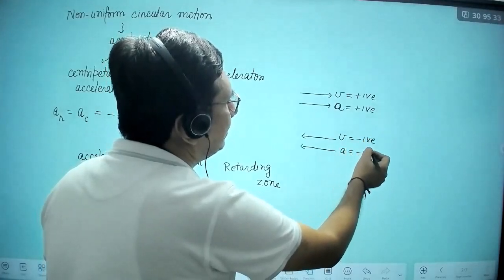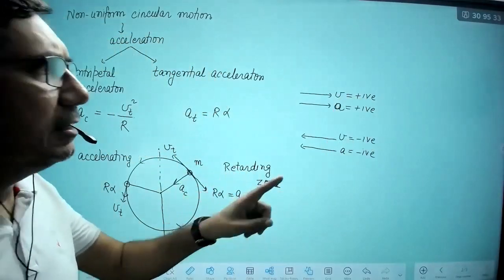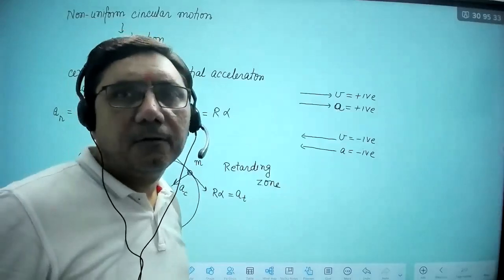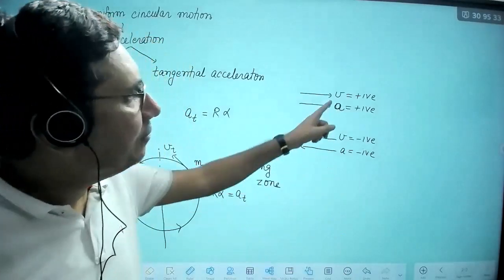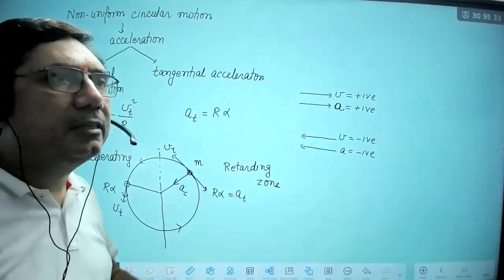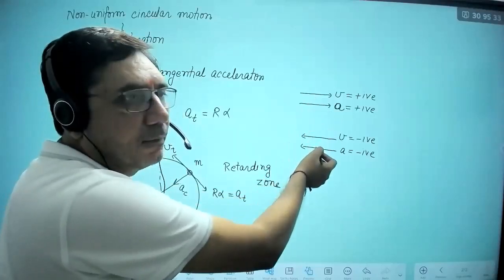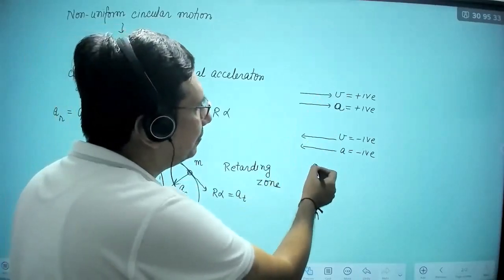In both these cases, acceleration will be there. Acceleration doesn't mean A is positive. For acceleration, it is necessary that velocity, meaning motion, and acceleration are in the same direction. So if either this situation or this is there, then you are going to have acceleration.